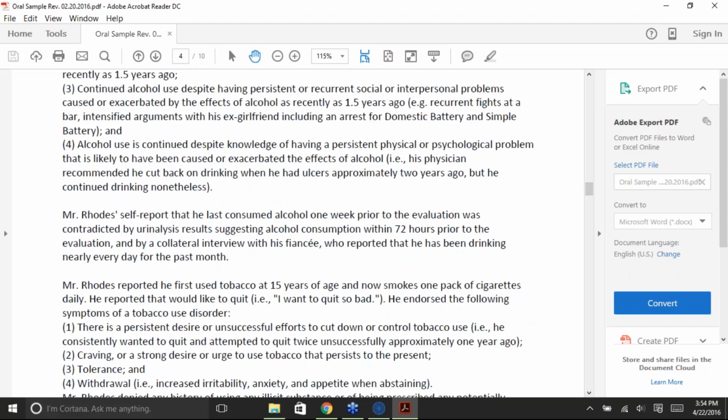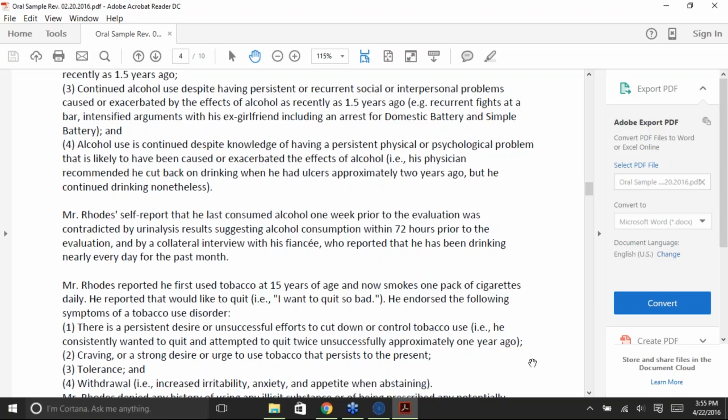Mr. Rhodes' self-report that he last consumed alcohol 1 week prior to the evaluation was contradicted by his urinalysis results, suggesting alcohol consumption within 72 hours prior to the evaluation, and by a collateral interview with his fiancée, who reported that he's been drinking nearly every day for the past month. So I'm basically saying, look, even though the client said this above, we have reason to doubt that that's true.